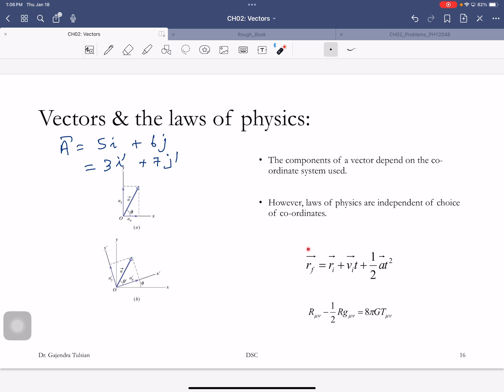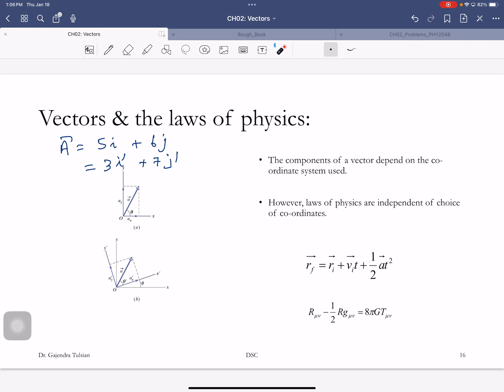All right, let's look at this equation a little more closely. Laws of physics are generally given as mathematical equations, and we already know some properties about them. If you have a vector on this side, can you have a scalar on this side? No, that would be apples to oranges.